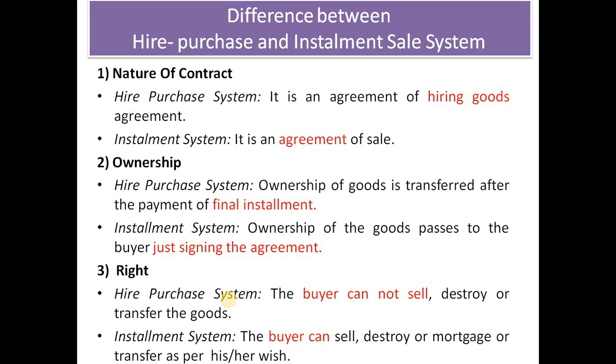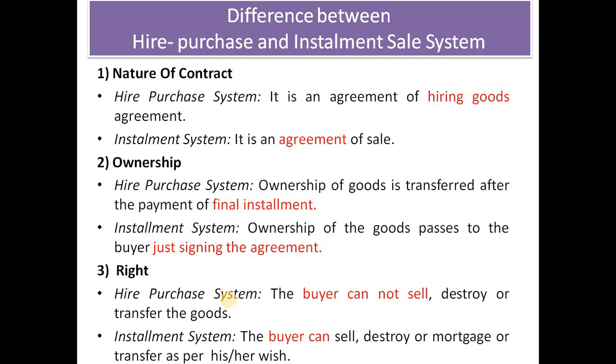The next point is, in hire purchase system, the buyer cannot sell, destroy, or transfer the goods. In case of hire purchase, the hire buyer has not become the actual buyer of the goods. Till the end of the agreement, till the payment of the last installment, he is just using the goods. He has not become owner. That's why he cannot have any right of selling the goods, destroying the goods, transferring the goods, or harming the goods.